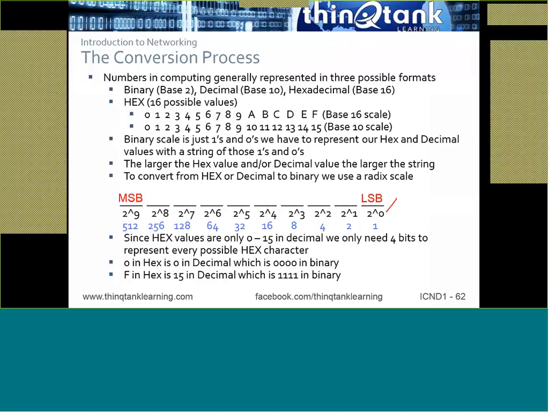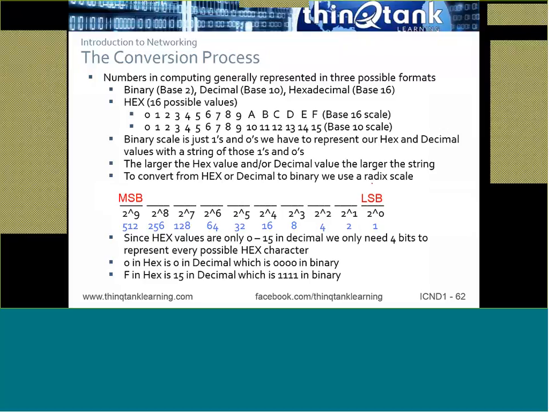If I wanted to represent 514 in binary, using that scale, I would turn on this bit, I would turn off these bits, 0, 0, 0, 0, 0, 0, 0, 1, 0. So to represent any number, you just simply turn on the bits that add up to that number in decimal. So it makes sense to say the larger the decimal number, the more bits you need.